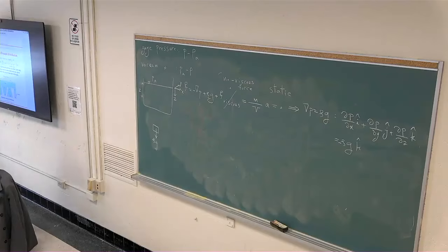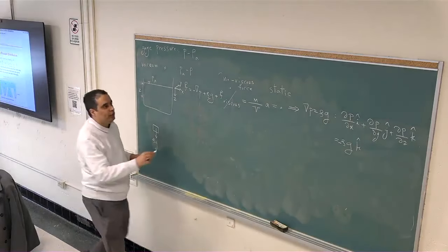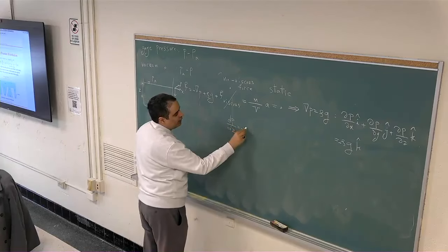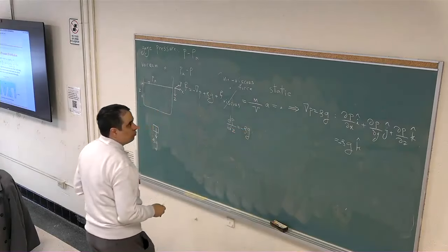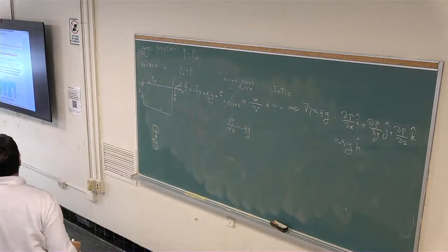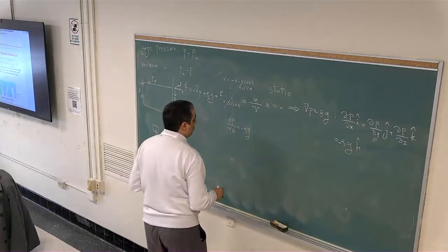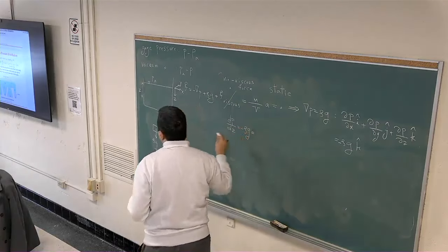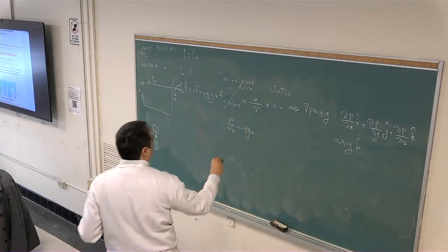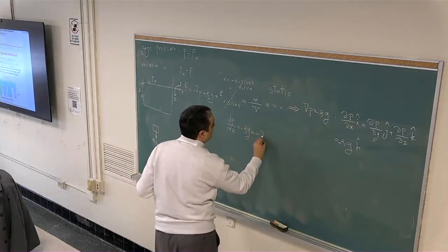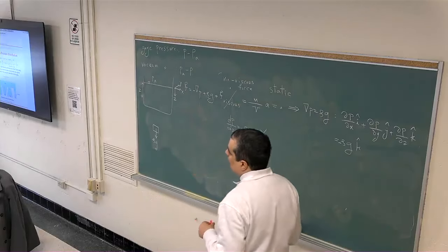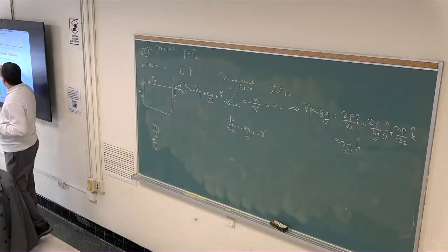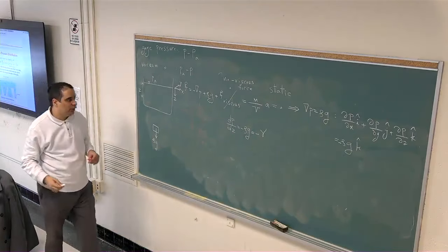So from this equation, partial P partial Z is equal to minus rho g. I call rho g gamma, the specific weight. So partial P partial Z is equal to minus gamma.